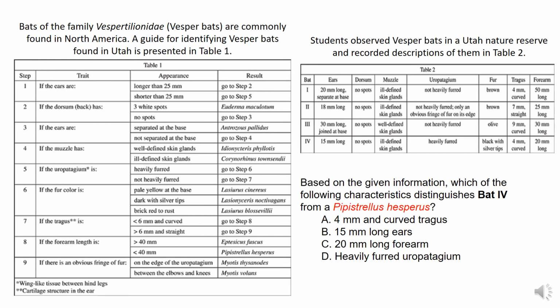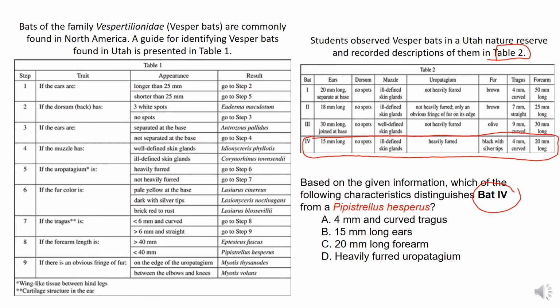So let's focus on this question. Based on the information, which of the following characteristics distinguishes bat 4? The biggest idea is bat 4. So what do we want to do? We want to find where bat 4 is. Well, this is going to be on table 2. So let's go to table 2 and we see bat 4 here. With bat 4, we identify that it has certain characteristics.